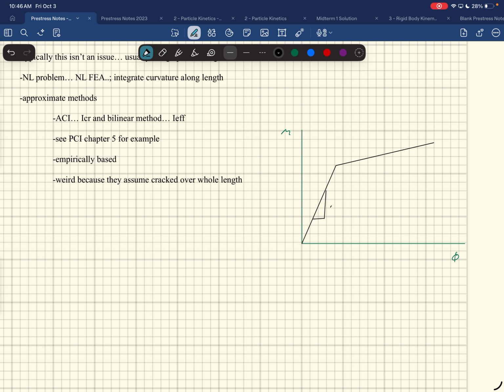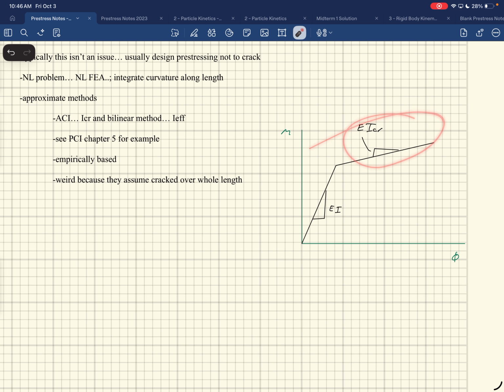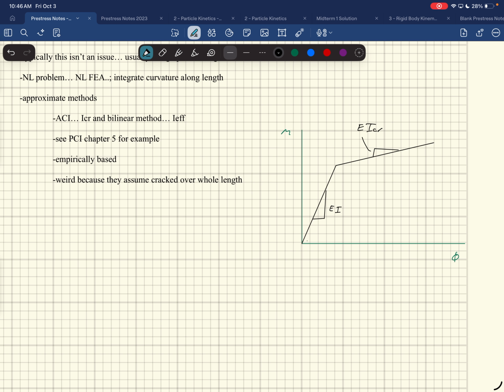And then the slope after cracking is EI crack. And so you end up doing two deflection calculations. You do one up until it cracks, and then you do another deflection calculation afterwards. You use those equations up above, and you do the leftover load that's there, it's softer, and then you have this more deflection. Or the I effective just cuts the corner.